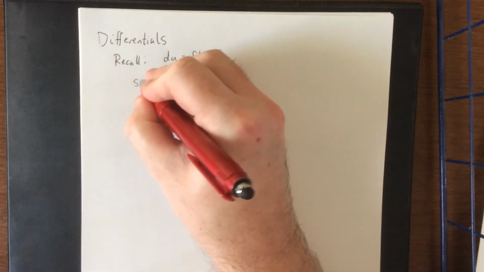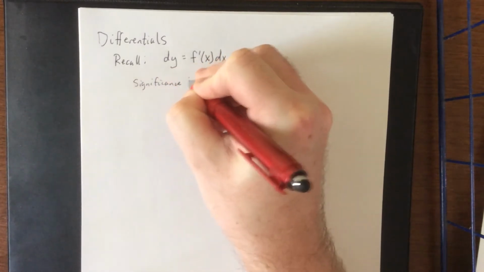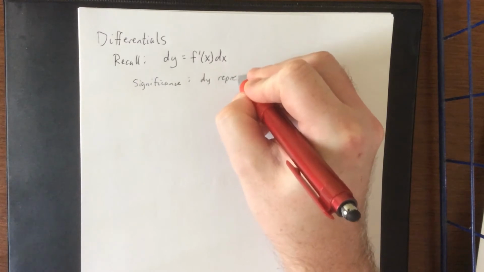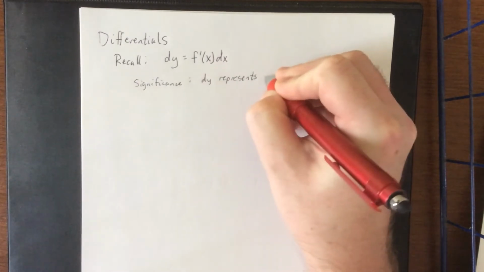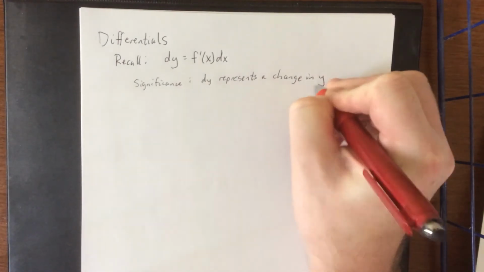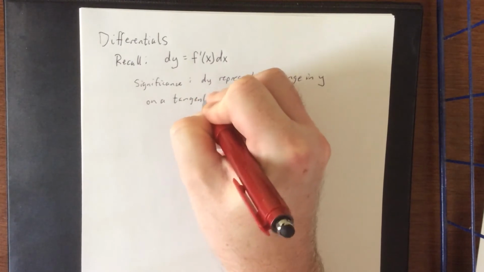The significance of this is that dy represents a change in y on a tangent line.